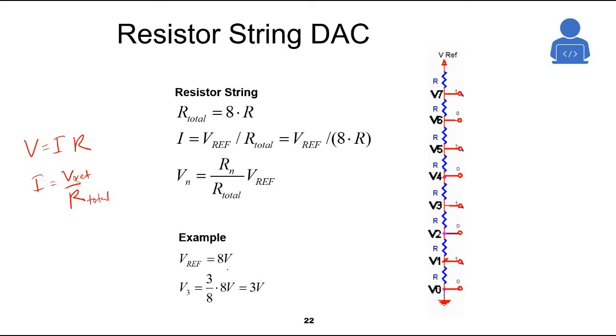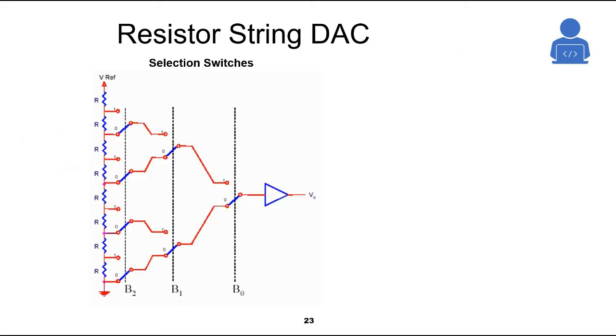For example, V reference equals 8 volts, so for V3, we have 3 resistors of 1 ohm, divided by 8, multiplied by 8 volts. So we get 3 volts for V3.